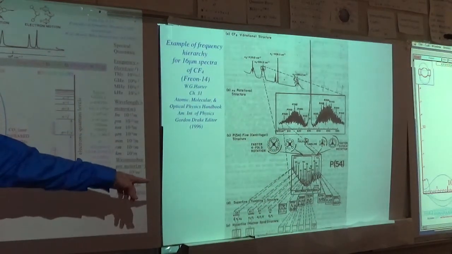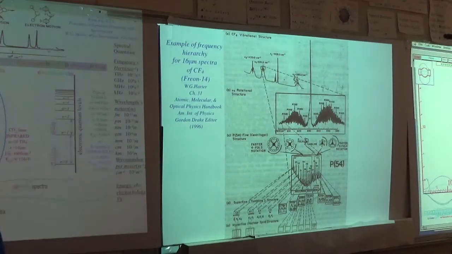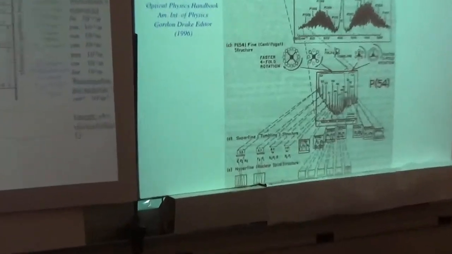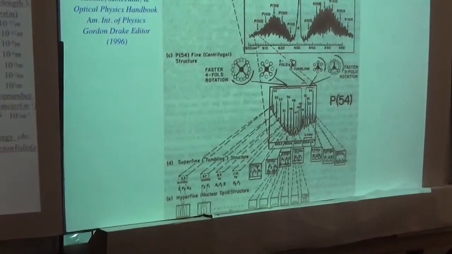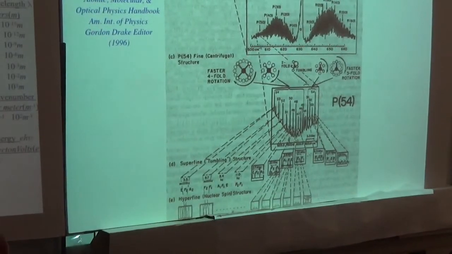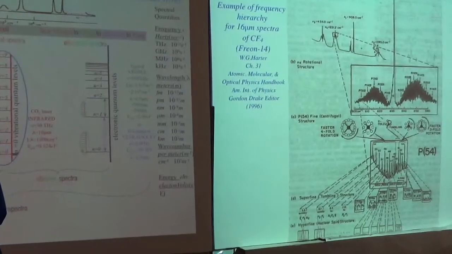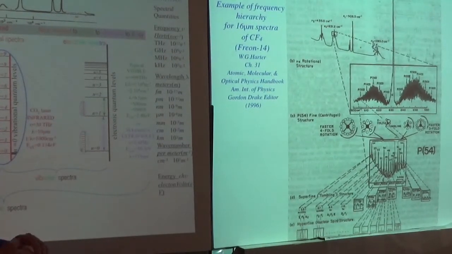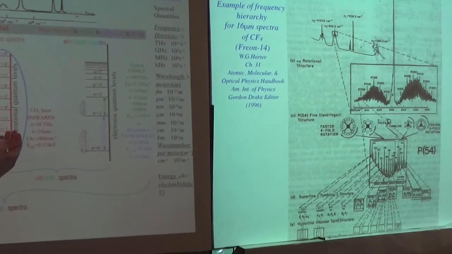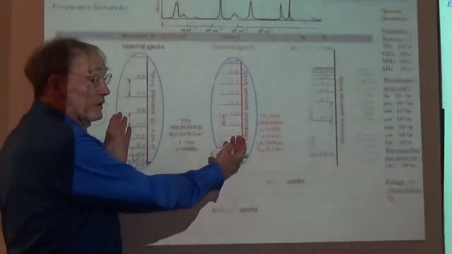And then it gets really weird down at the bottom, because now we're starting to worry about how this molecule's angular momentum literally tunnels around to different places in the space of the molecule. Okay, so that's an example of a hierarchy that involves vibration and rotation.